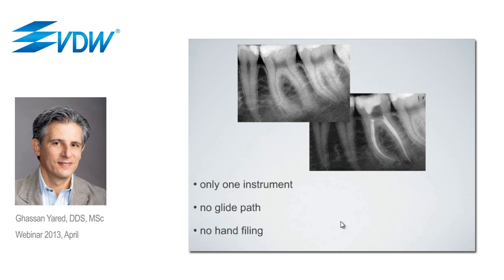The purpose of this presentation is not to discuss increased apical enlargement. If you wish, after using the R25 to have a larger canal preparation, then you can do that. If not, you can just start with the R25.